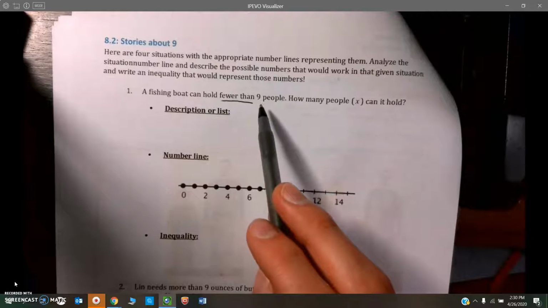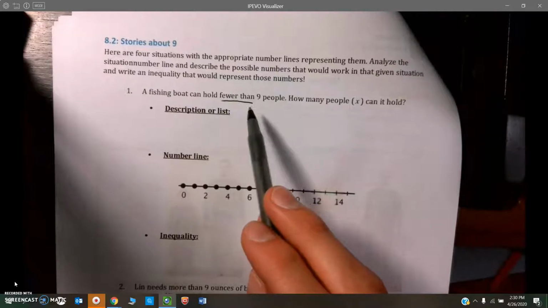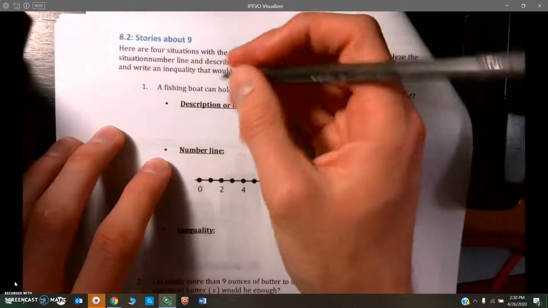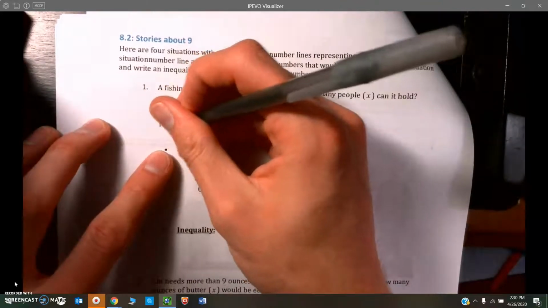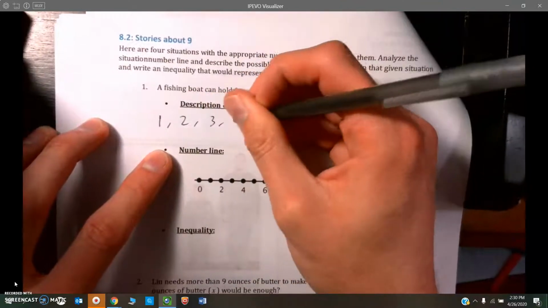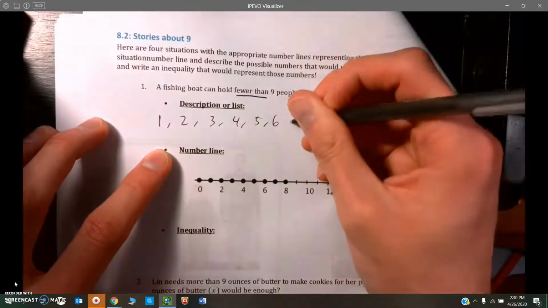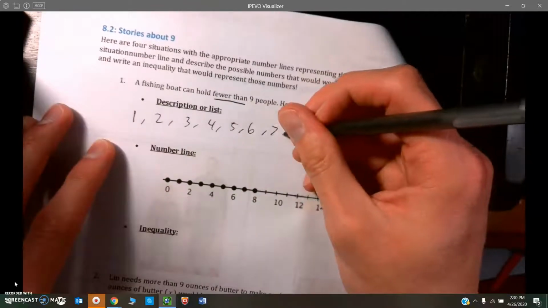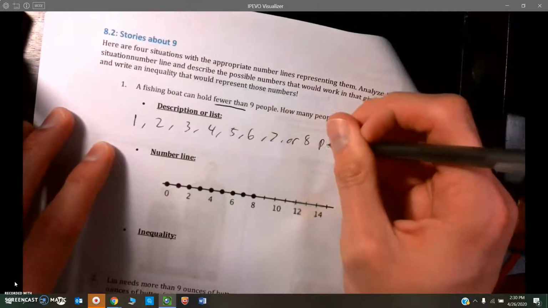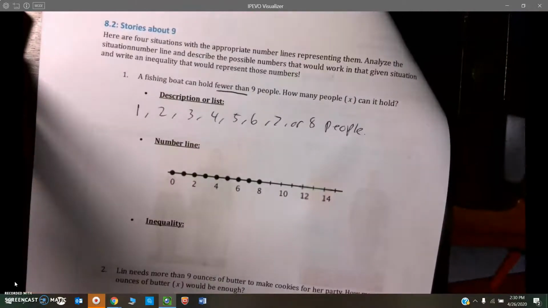So can it include 9 people? No, it has to be less than. So it could hold 1, 2, 3, 4, 5, 6, 7, or 8 people, all the possibilities.